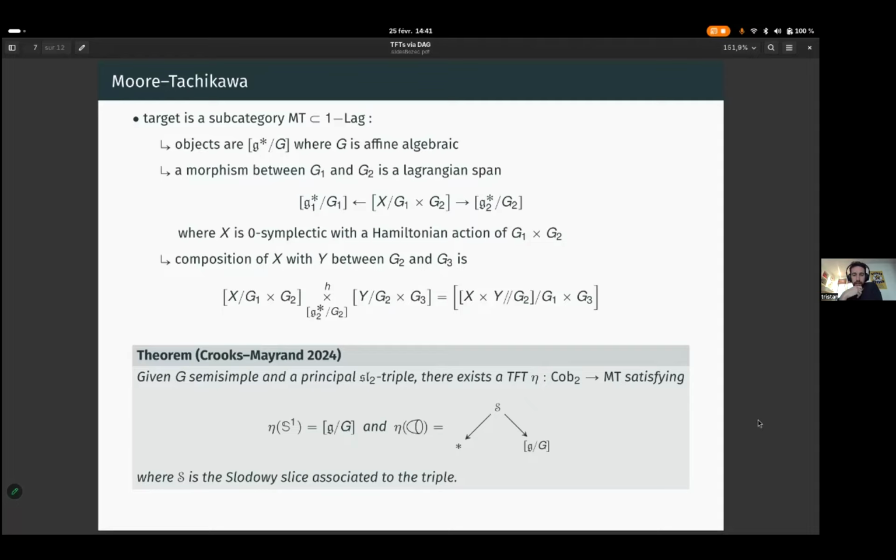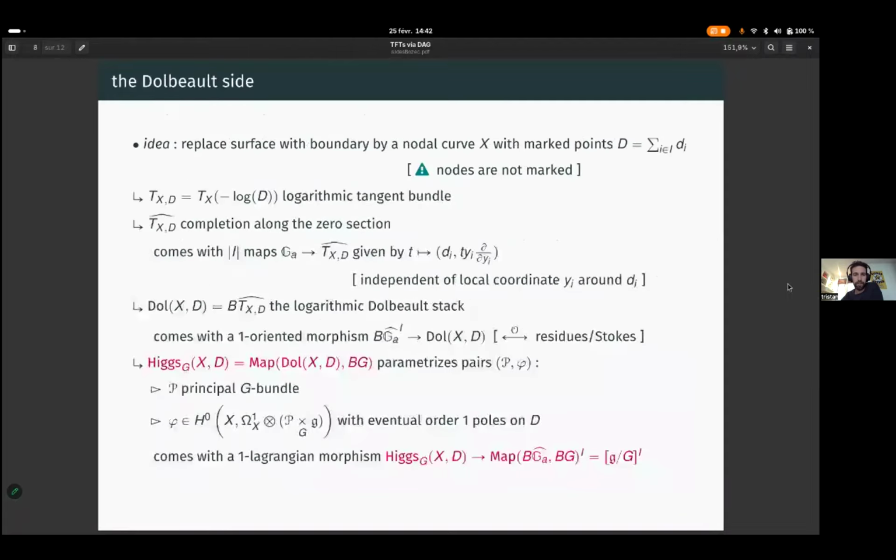What I want to keep from this is that it fits in the framework of a shifted structure, and also that instead of having on the Betti side the quotient of the group G by itself, here we have the quotient of the Lie algebra by the group. So what I am going to do with this is leave the Betti side to another time.